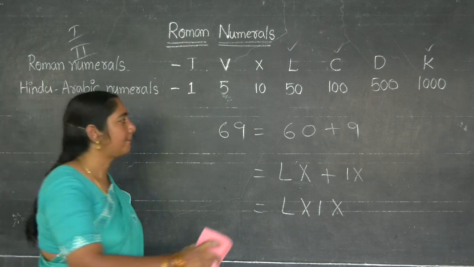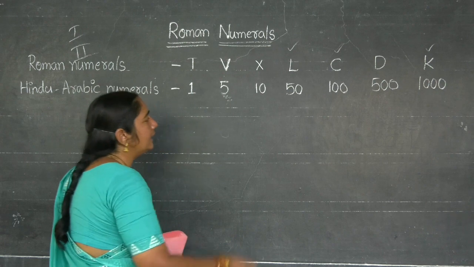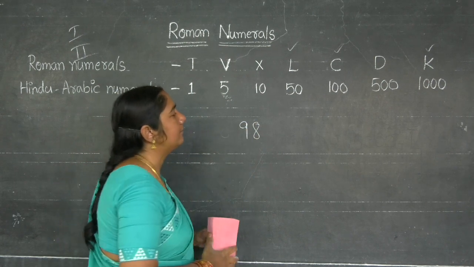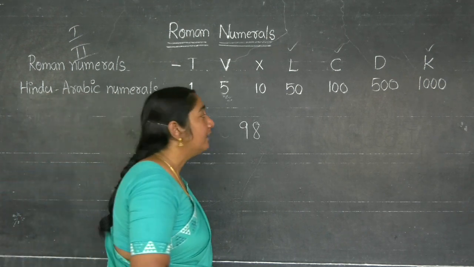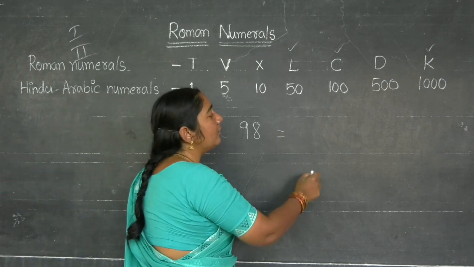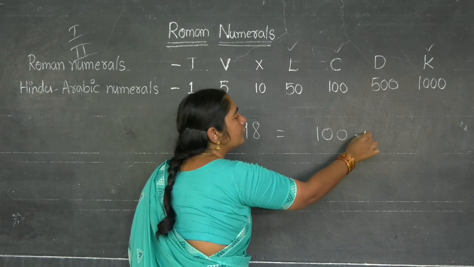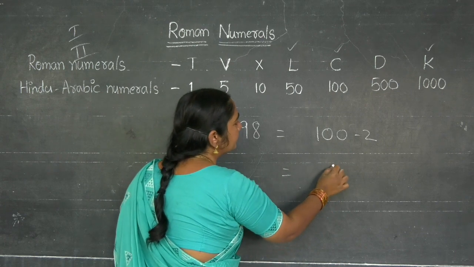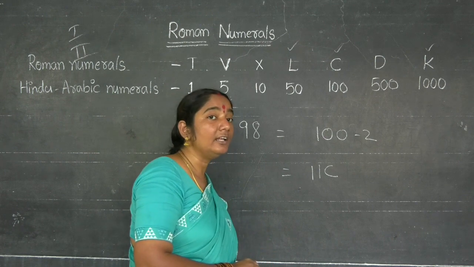Number 98. See, my dear friends, here I want to tell you one thing. You can say that 100 minus 2, so I can write it as a C. If I put 2 ones here, can we do like that?